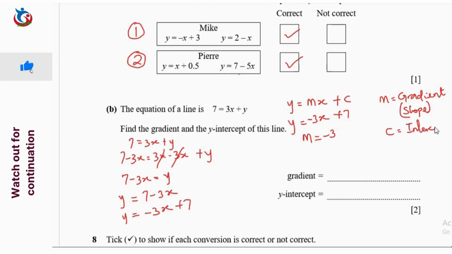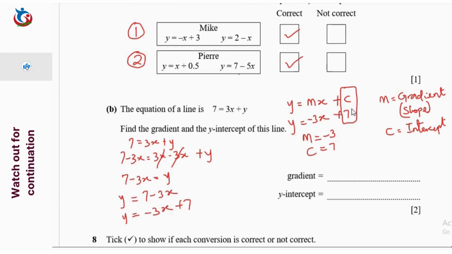Automatically as well, you can see c and 7 are aligned. So we can say that our c is equal to 7.